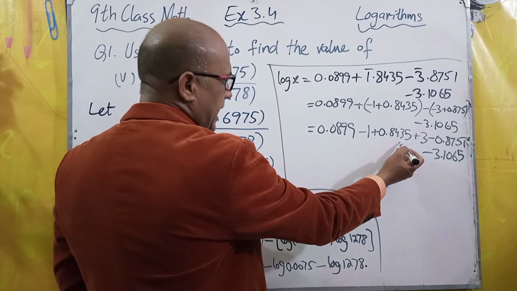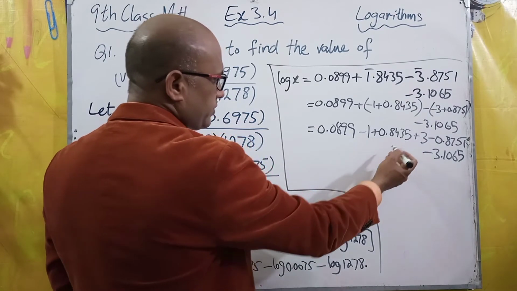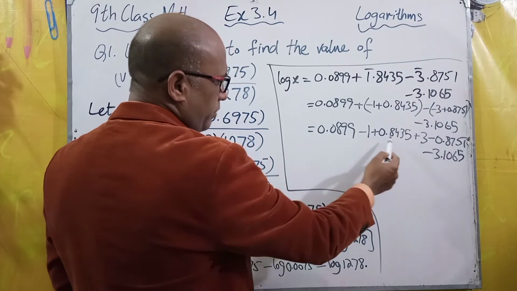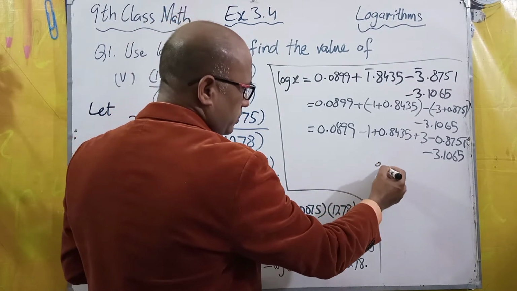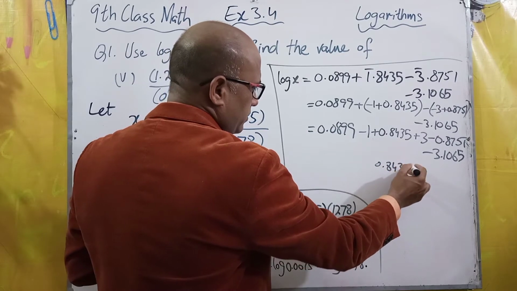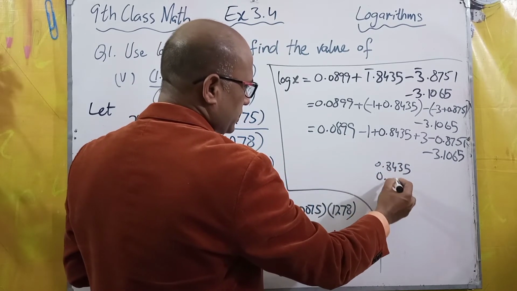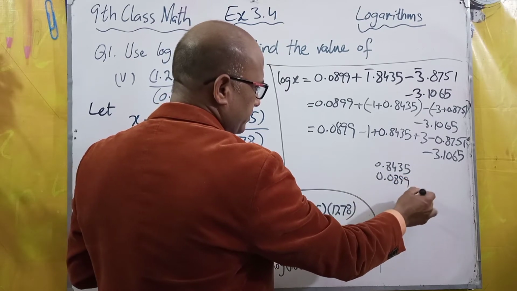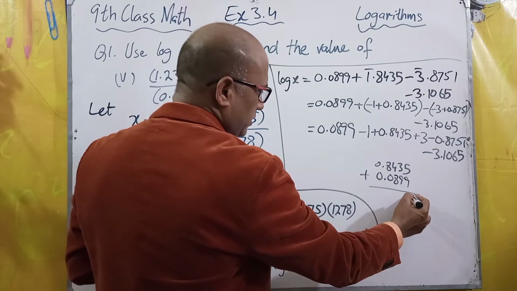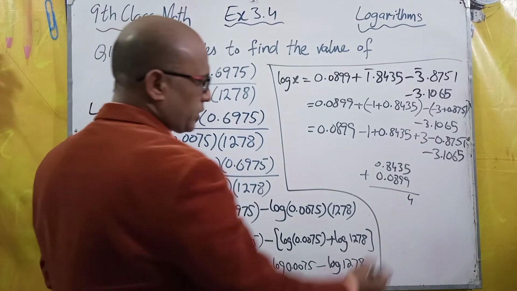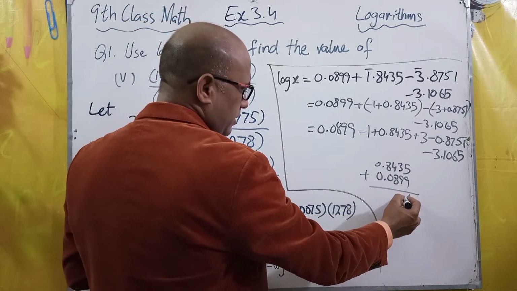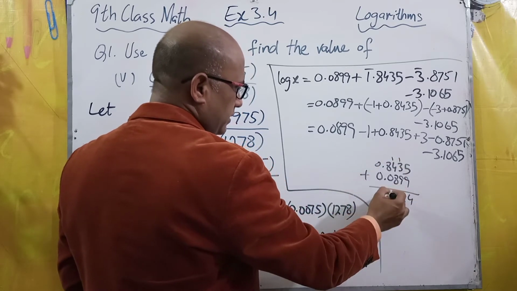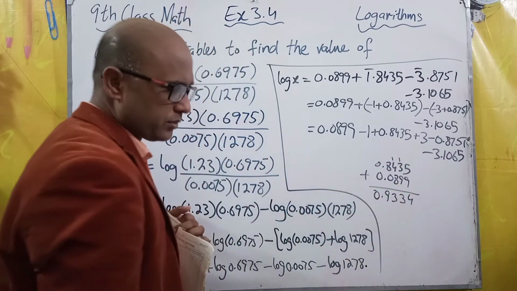If we add these two numbers first, or we can add this one also, but to not make you confused, I will add them separately. 14, 13, 13 again, 9 and 0.